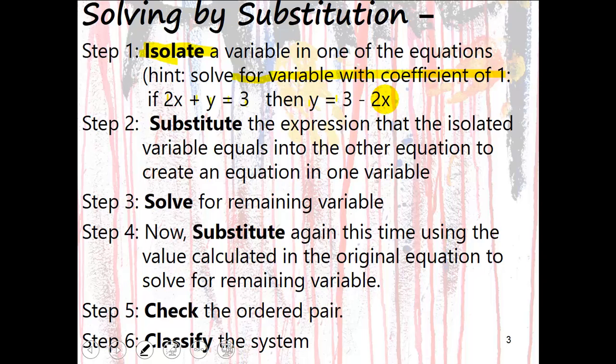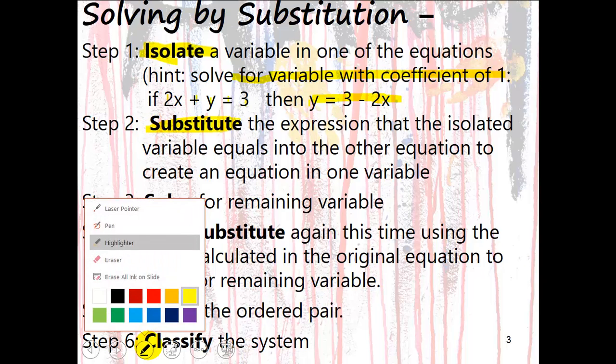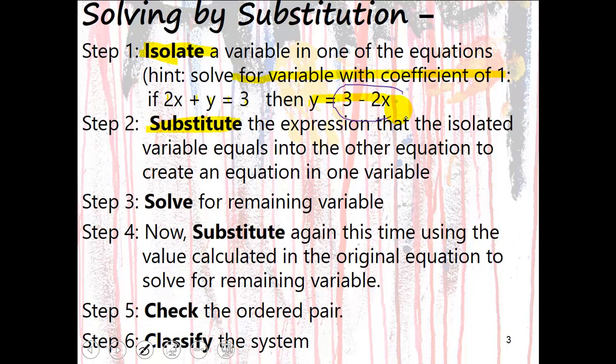Once you have this isolated, then you're going to substitute the expression. The expression that I'm referring to is this part right here. We're going to substitute that expression into the other equation for the variable y. Okay? That's going to give us all one variable in that equation.